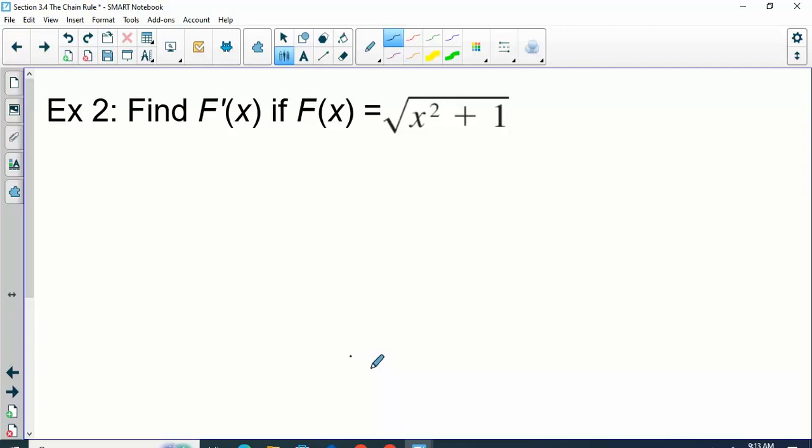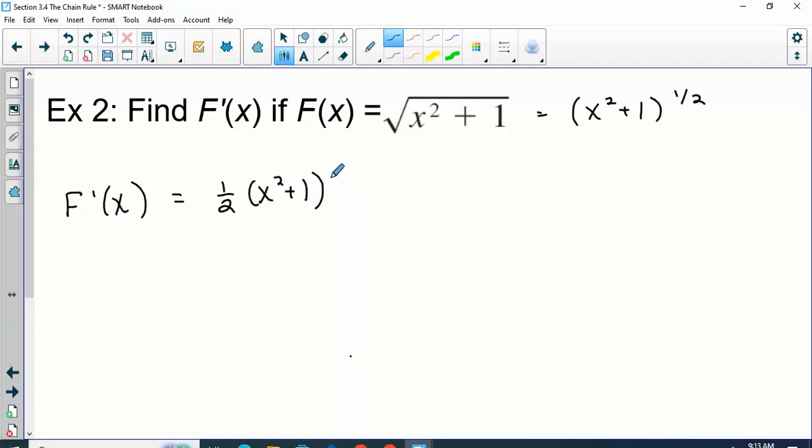Alright, so if I asked you to do this derivative, what would we probably need to do first? Instead of a square root, we write it as a 1/2 power. So then our derivative, exponent comes down, inside stays the same.